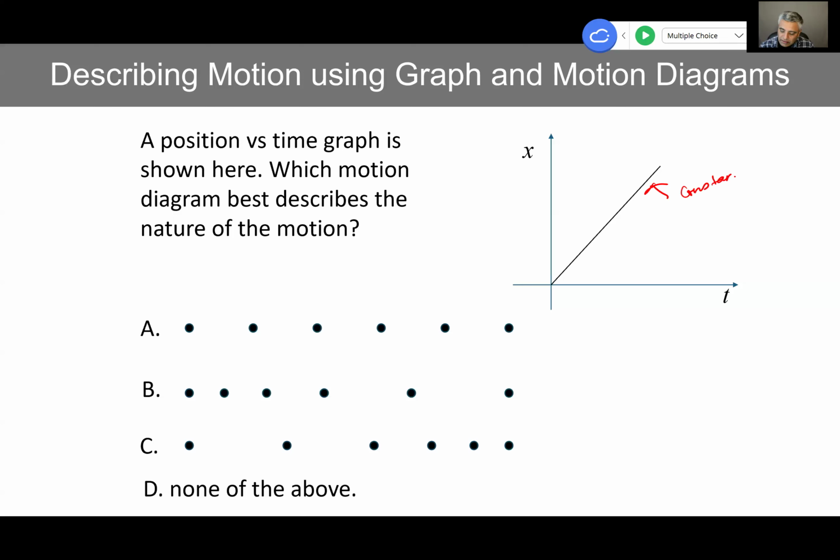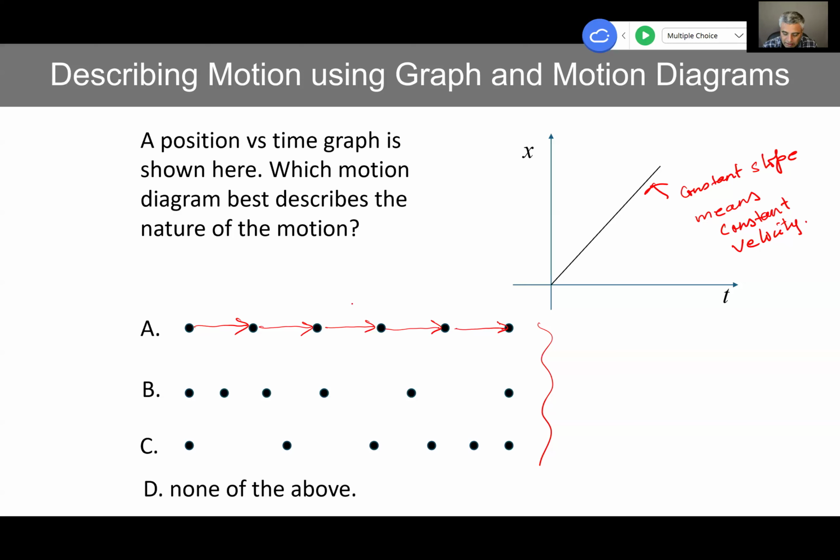Constant slope means constant velocity. So which one here represents constant velocity? If the line is not changing direction and value, that shows you the constant velocity.